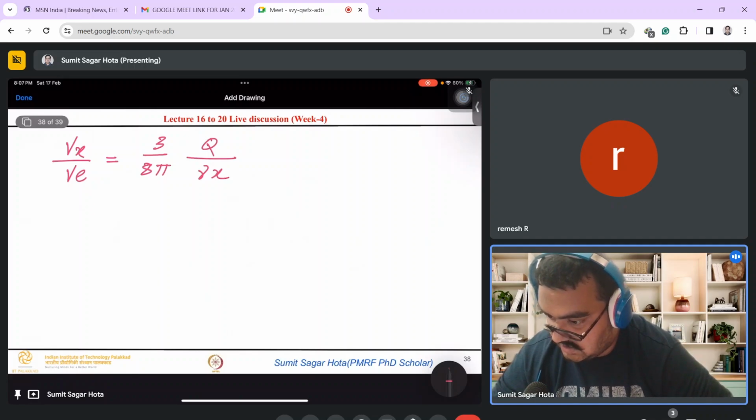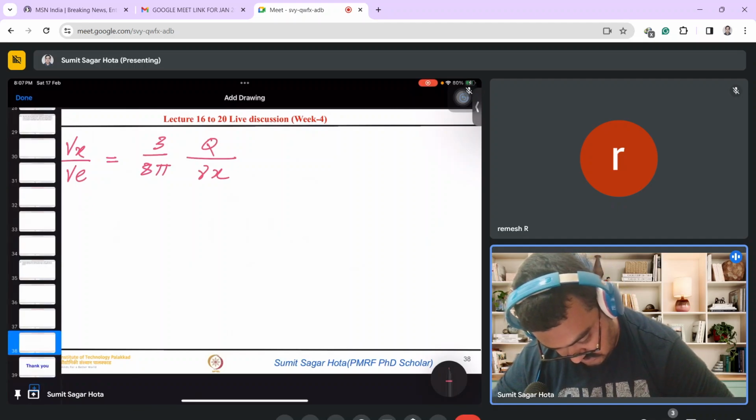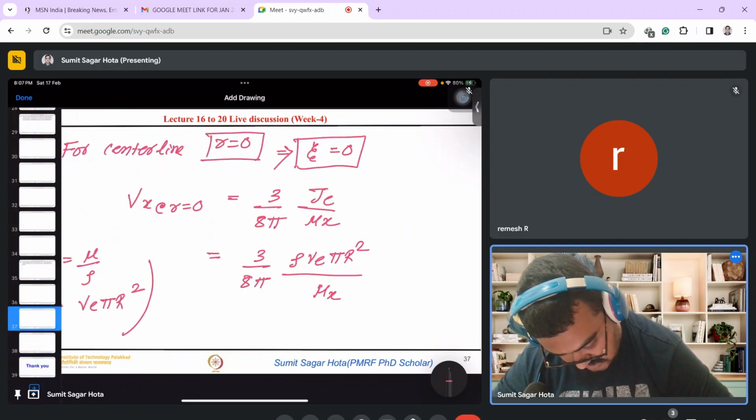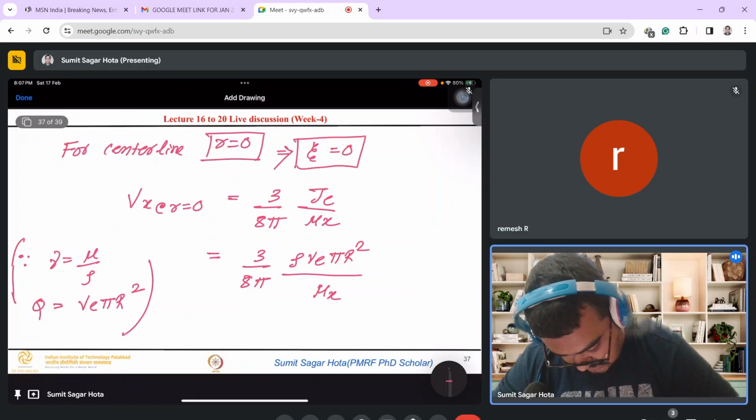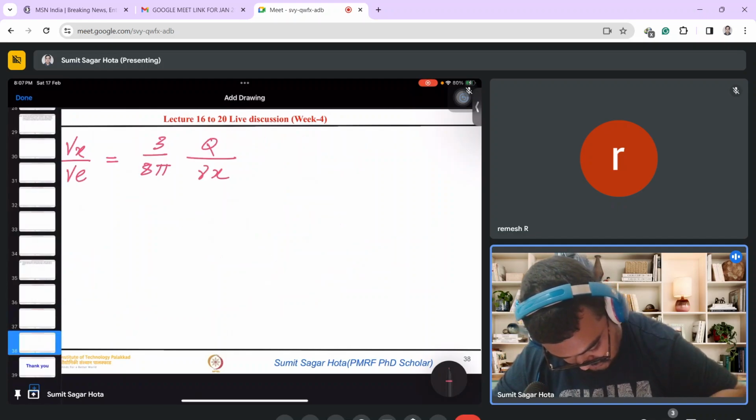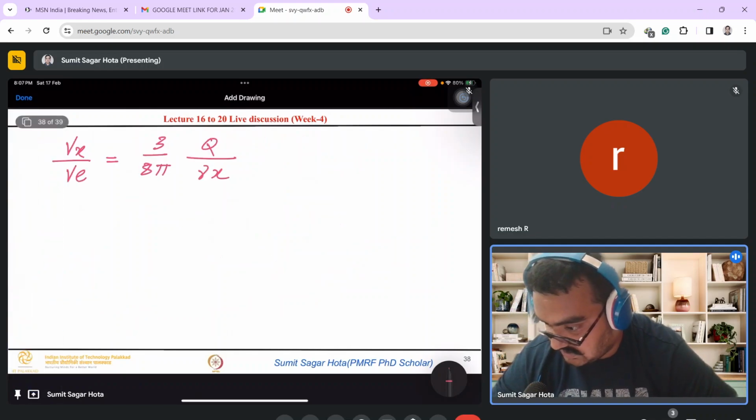Whatever mu by rho is there, we can convert it into nu. And V pi r square is taken as Q, and V gets cancelled because I take the ratio of Vx by Ve. So now we get Vx by Ve.